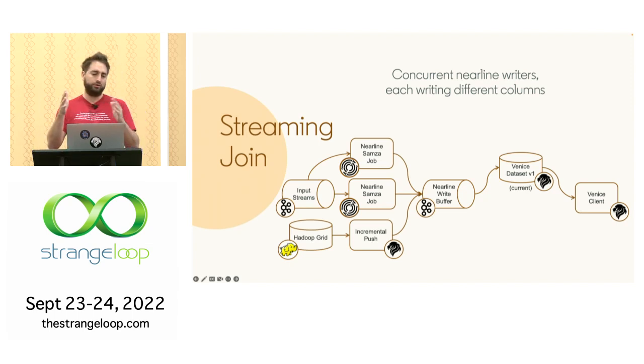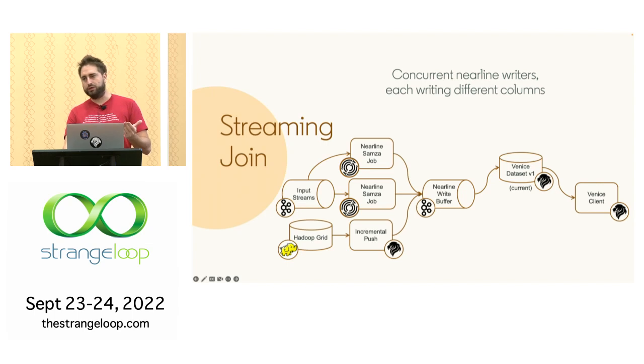So this becomes now a streaming join, right? And again, you could be performing the streaming join upstream of Venice, like in your stream processing job. But what we found over the years is our users find that operationally intensive, and they prefer to push down that work into the destination data store, like Venice. So this is more convenient for them.